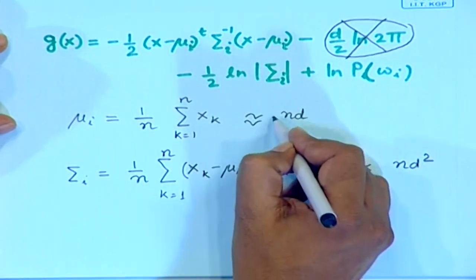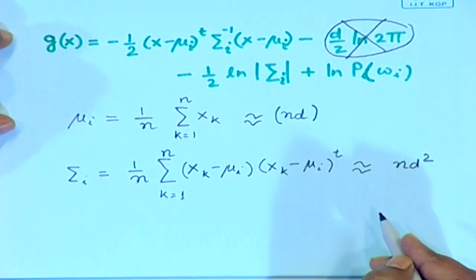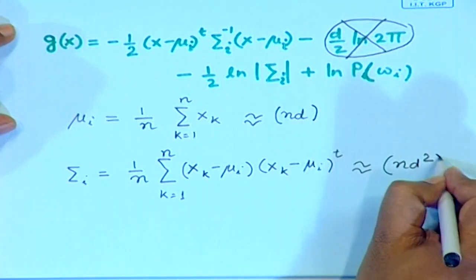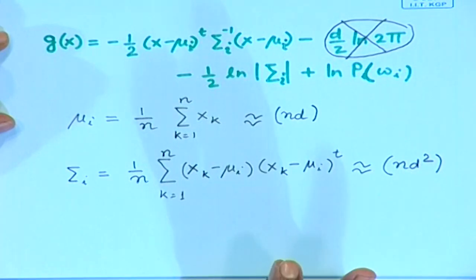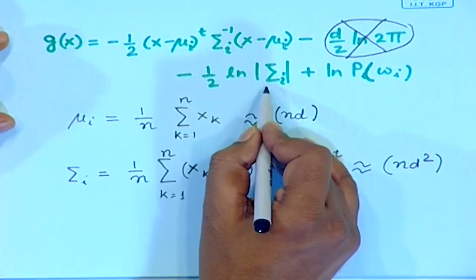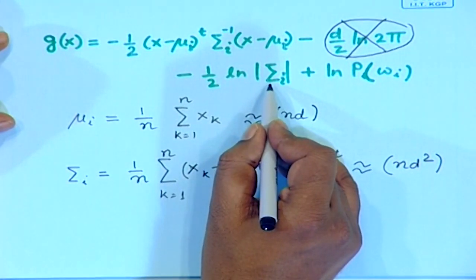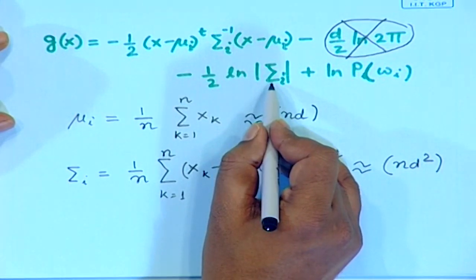So, to find the mean vector, I need a computation of order n into d. To find the covariance matrix, I need a computation of order n into d square. Similarly, over here, this also takes a computation of order n into d square.